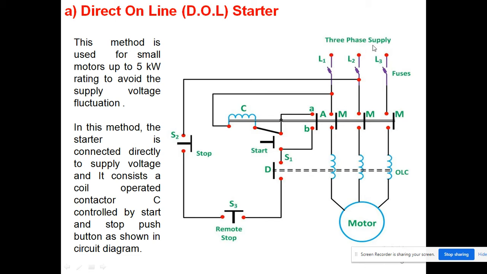And this consists of three phases, three fuses. These fuses are used to give the protection here. Then you see in this circuit this coil C1, the coil operating contactor, and this is related to this start button as well as this stop button.